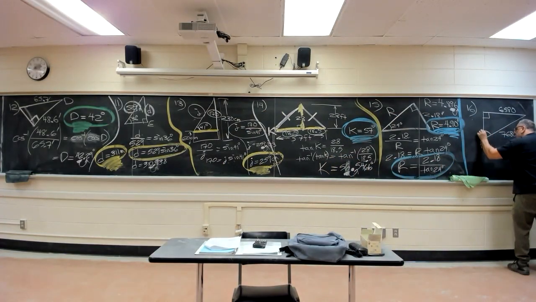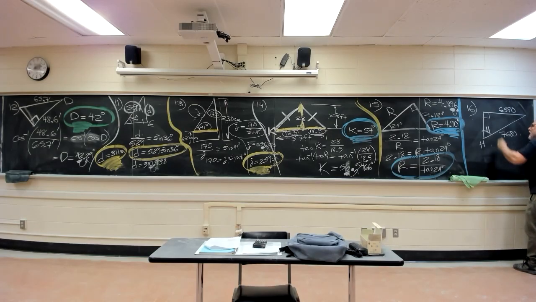Here it is. Here's the angle. It's H. We know that opposite over hypotenuse is sine. The sine of H is opposite divided by hypotenuse.